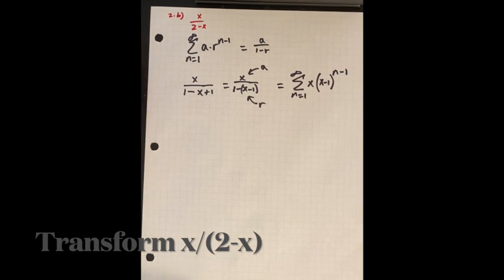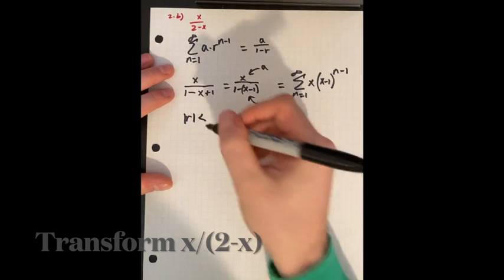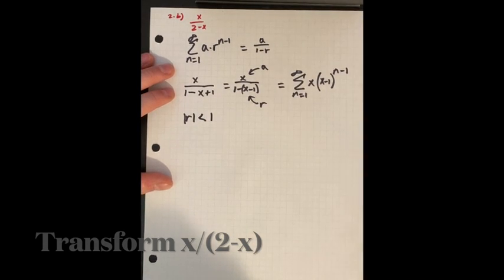Now back to our original definition of what makes a geometric series convergent: the absolute value of r being smaller than 1. The same thing applies here. We can plug in x minus 1.